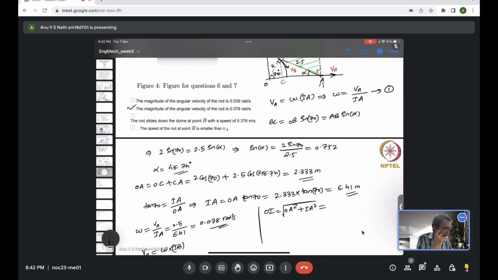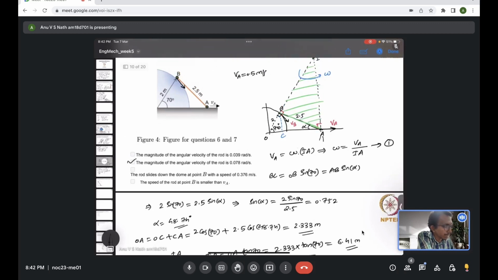OA is evaluated to be 2.333, right? And IA is evaluated to be 6.41, right? So OI will be 6.821 meter.